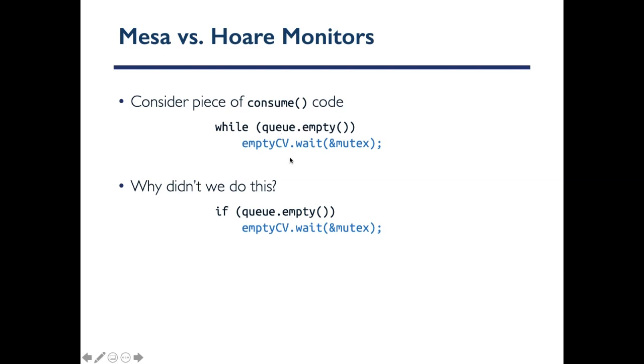So now that you woke up and after them you got the mutex, you have to check it again, because it could be that the previous one who got the mutex consumed that item that was put there. And that is with Mesa. We'll see how it is implemented with Hoare. So with Hoare, you can just go with if, but with Mesa, you should definitely go with while. And because all the mainstream programming languages implement Mesa, you always have to go with while. You should never go with if.